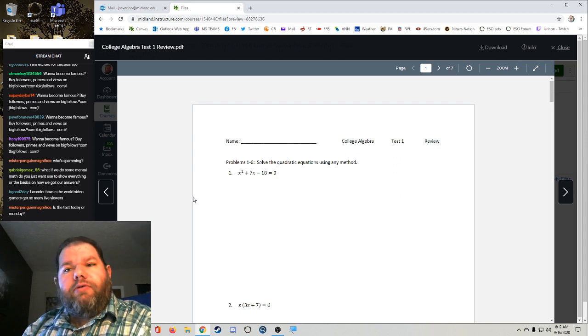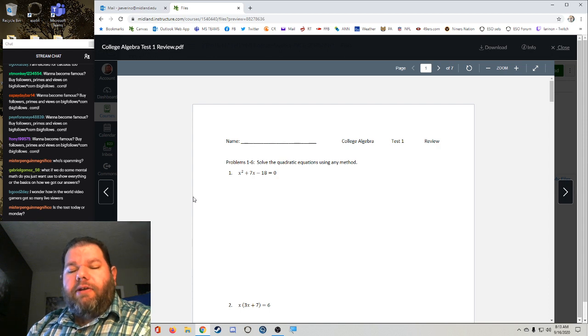So you have a window during which it doesn't matter whether you take it tomorrow or Saturday or Monday or even Tuesday next week. As long as you take it sometime in between there and get everything submitted, that's the main thing.